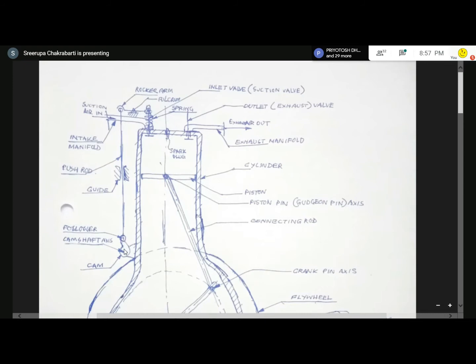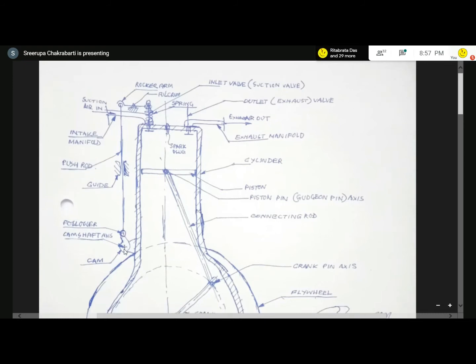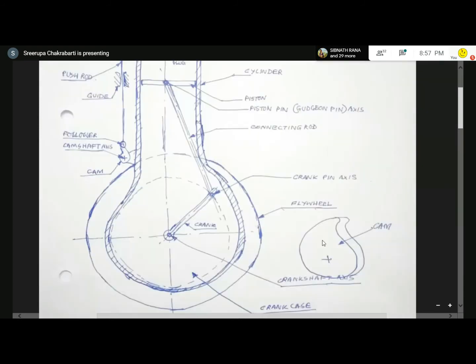If you look here at the cam profile, it is rotating about this axis. For 360-degree rotation, if the roller is mounted here, it will move up once and come down once.